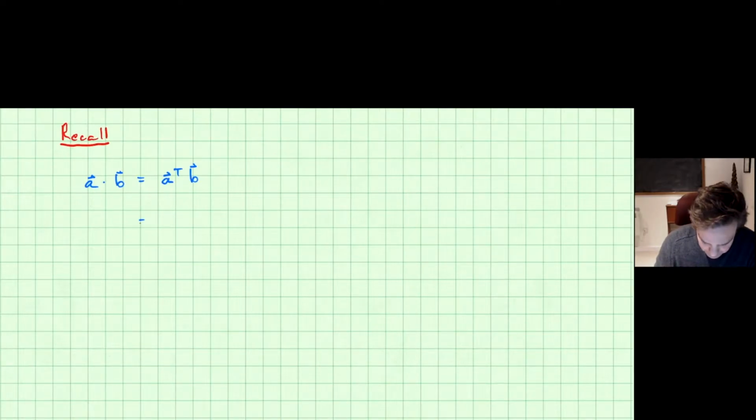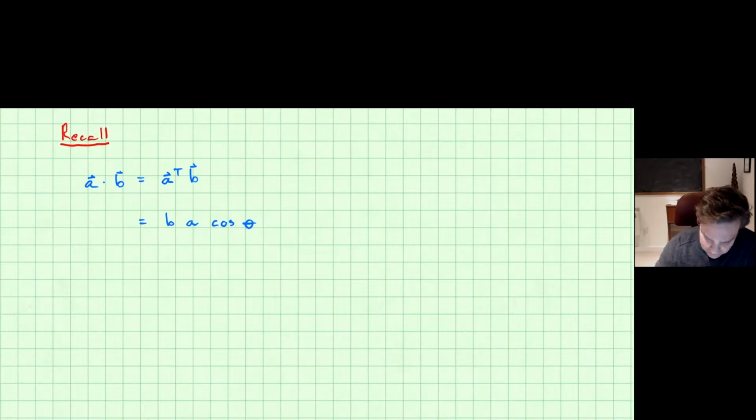The value you get when you compute this dot product is the magnitude of the vector B, times the magnitude of the vector A, times the cosine of the smallest angle between the two vectors.